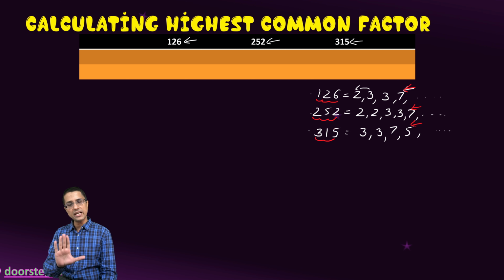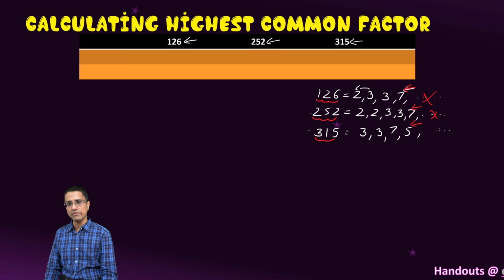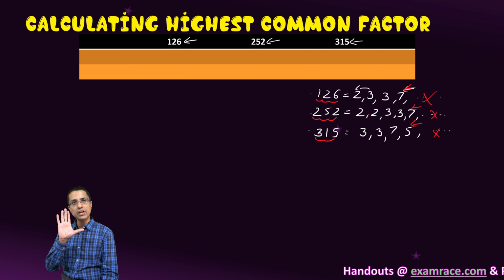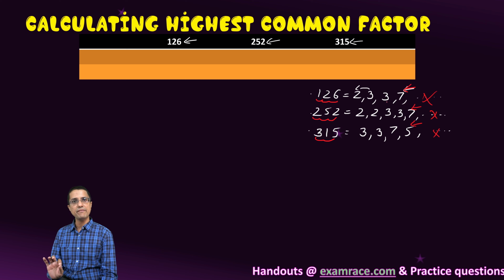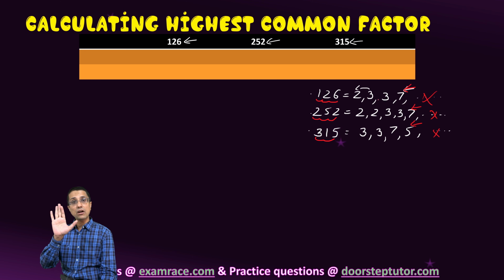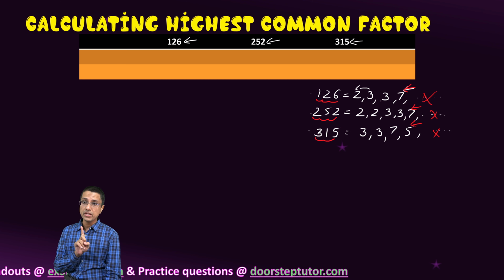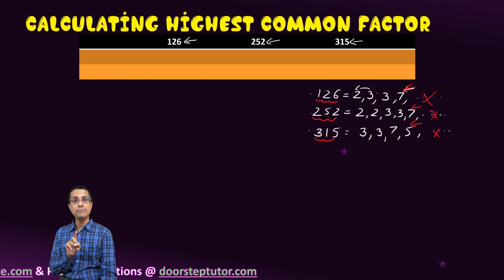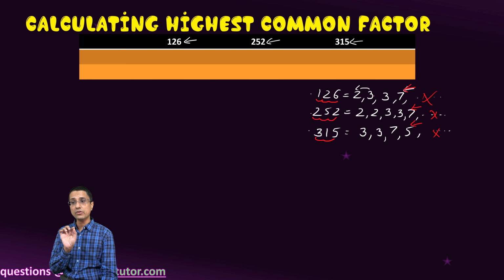Okay, so we are looking only at prime factors. We are not considering the other factors at all. We are not going beyond prime factors. We are only listing out the prime factors and trying to find the common prime factors across all three, mind you. Okay, so we have to make sure that we find the prime factors which are common in all three numbers. So we'll start.